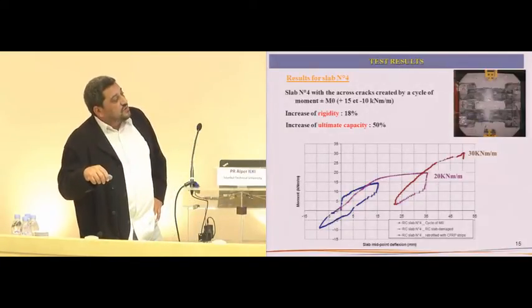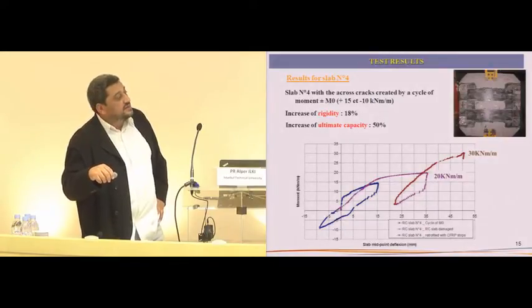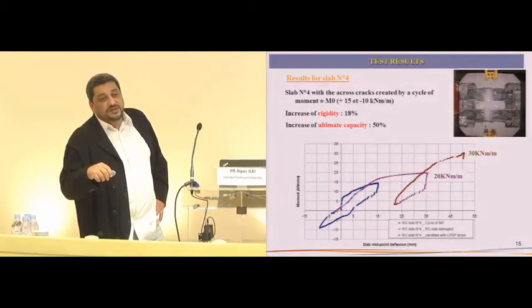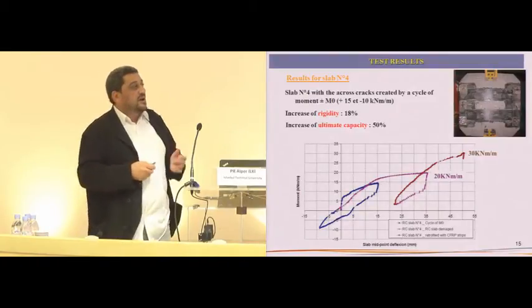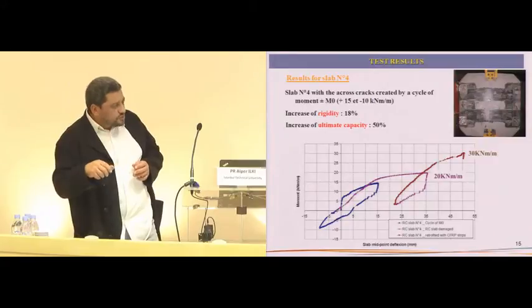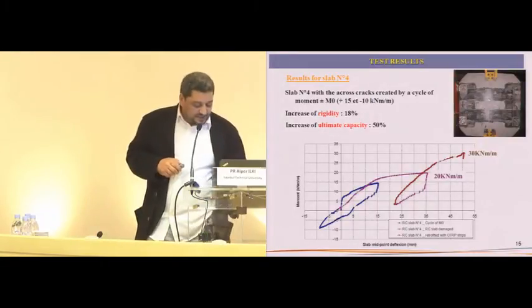The last test is to confirm the results, and we find that the bearing capacity is again enhanced by about 50%, but the post-crack rigidity is only enhanced by about 18%. So the results are robust. We found that there is reproducibility of the results between the 3 conducted tests.